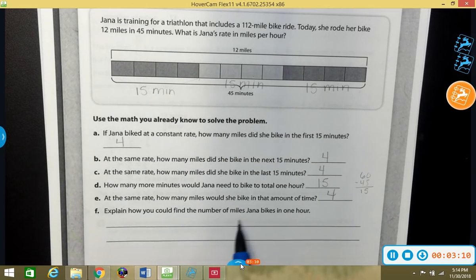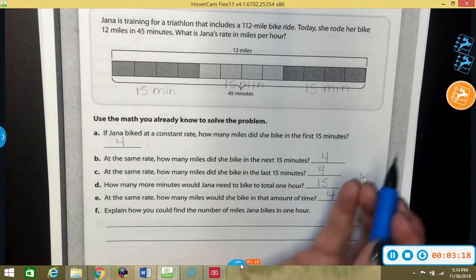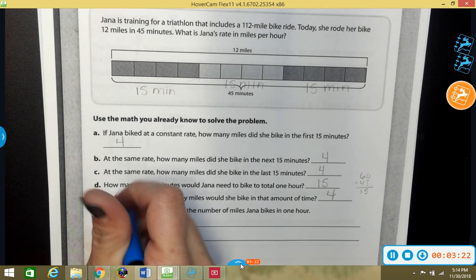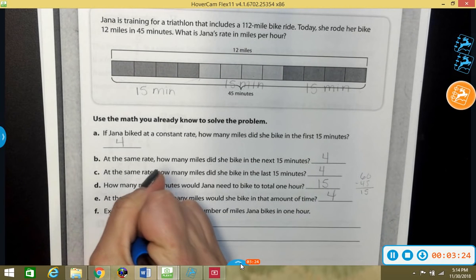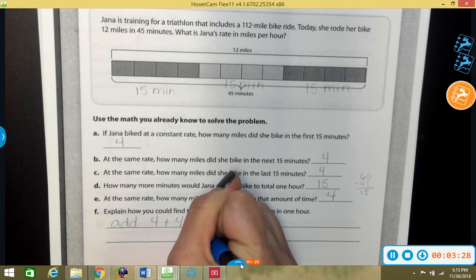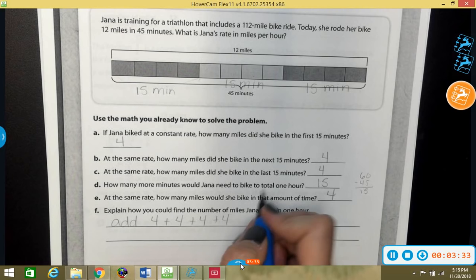Explain how you could find the number of miles Jana bikes in 1 hour. So we know that there's 4 in each 15 minutes. So there's 4 groups of 15. So could you not just add 4 plus 4 plus 4 plus 4 and get 16?